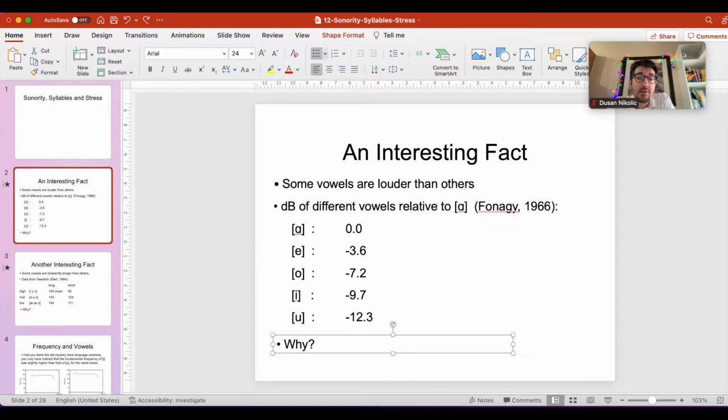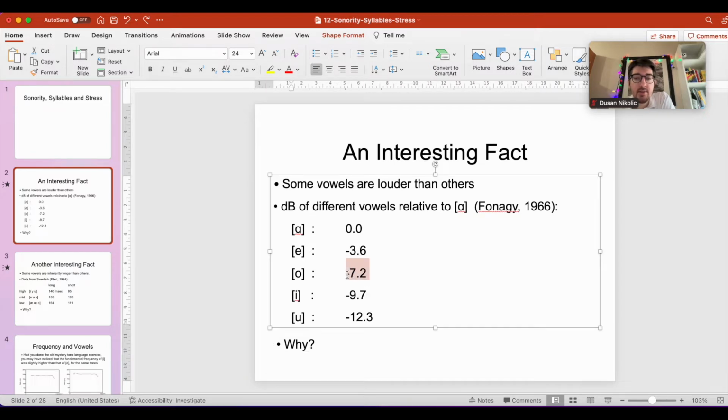Another factor involved besides openness is roundedness. For example, O is less loud, of course, than A, which is in the middle of this vowel space spectrum. But you can see that U is even less loud than E, which are very high, and the mouth is almost closed for these two vowels.